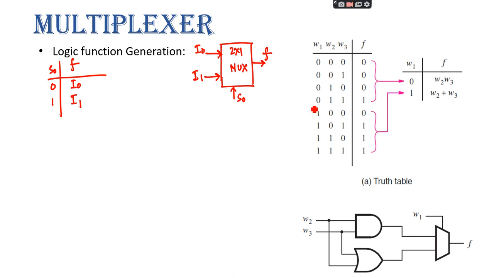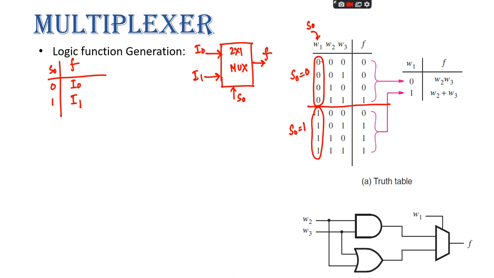3 here. So if we divide it by 2, you can see for these 4 you have 1 0 here. If we consider S0 as W1, for this part we can write W1 equals 0, and for the next one we can write W1 equals 1, right?